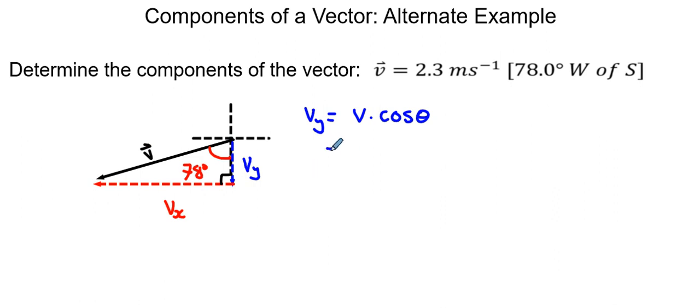We can then substitute in and say vy = 2.3 cosine of 78 degrees. And again, I would be tempted to leave it like this if I'm going to use it in other work or other steps of a problem.